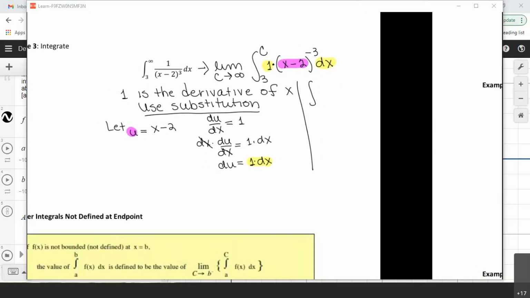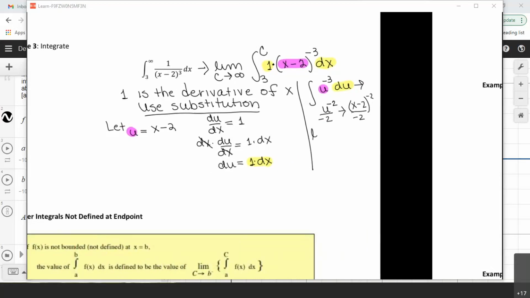Okay, so this would be u to the minus 3 du, where here's the u going in, and here's the rest of it. Okay, I'm going to add 1 to the exponent. That'll give me u to the minus 2 over negative 2, okay, which is going to give me, if I put my x things back in, x minus 2 to the negative 2 over negative 2.